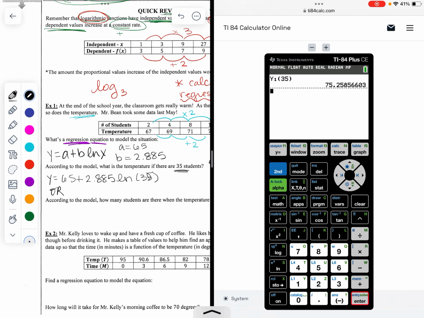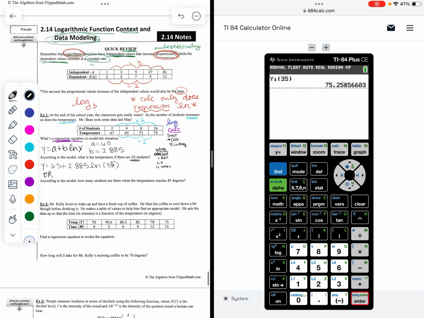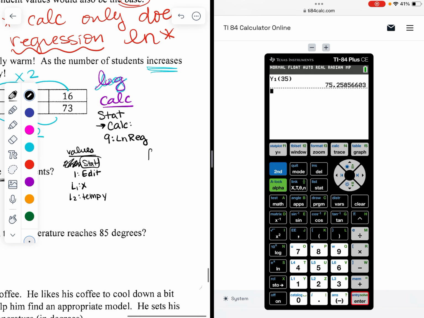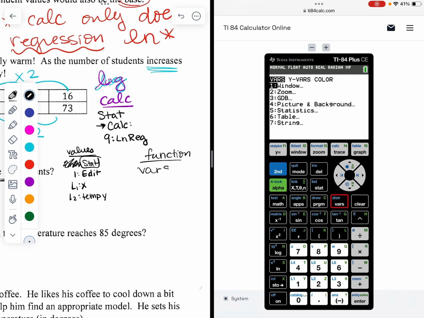Okay, so if you want to put it directly into the function notation, once you've already stored it in, again, you're going to vars, over to y vars, hit option 1, which is function, and then click the function that you stored it under, hit enter.